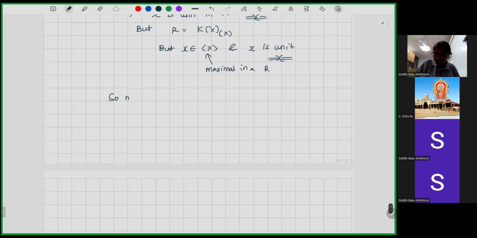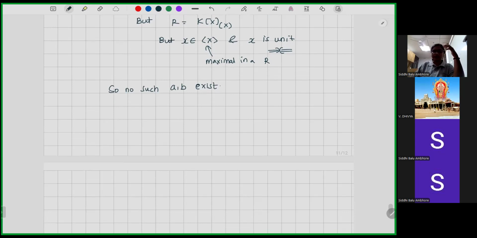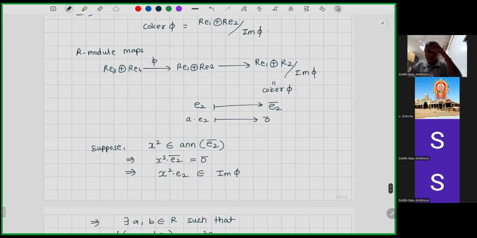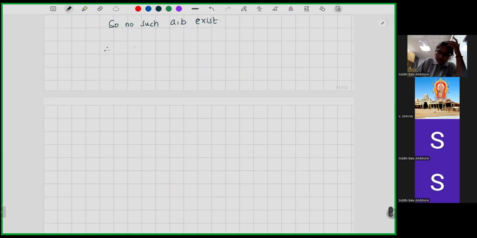So no such A, B exist, okay? Because if they exist, then we get x belongs to the units of this local ring, localized at the ideal generated by x. Therefore, x square does not belong to the annihilator of E2 bar.